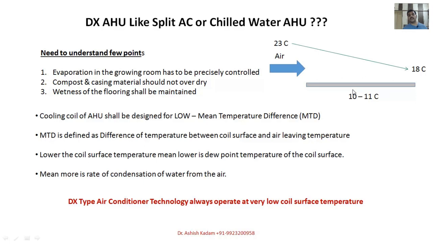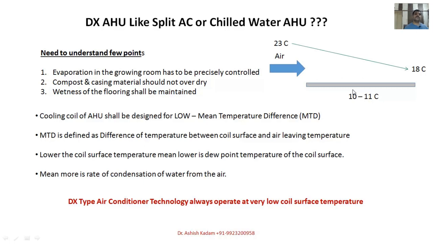Or there are other points, that is the proper balancing of your thermostatic expansion valve, or suppose you are using the electronic expansion valve, then operation of the compressor, whether you are using the VFD system for the compressor, etc. So on the basis of that the evaporation temperature will be decided.